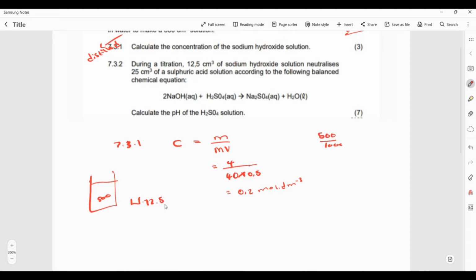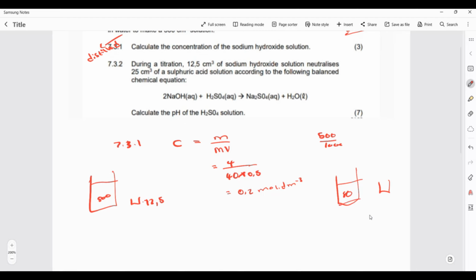They only took 12.5. So having taken that 12.5, it means that the concentration is still the same. Meaning, it's like you mixed a juice in a 5 liter container. Once you mix that juice in 5 liters, you only took maybe a cup of that juice.